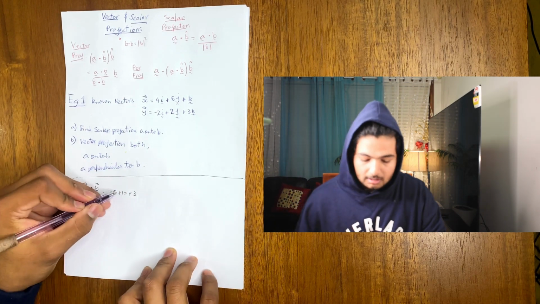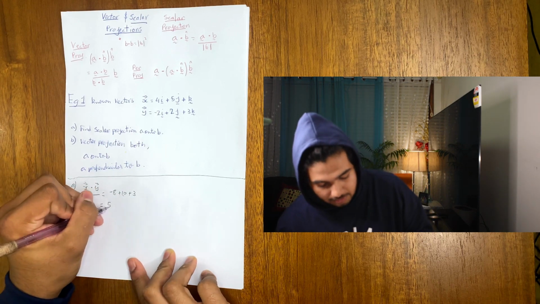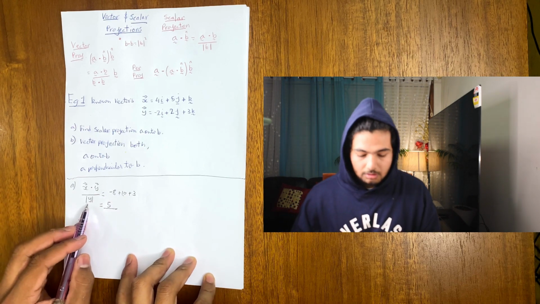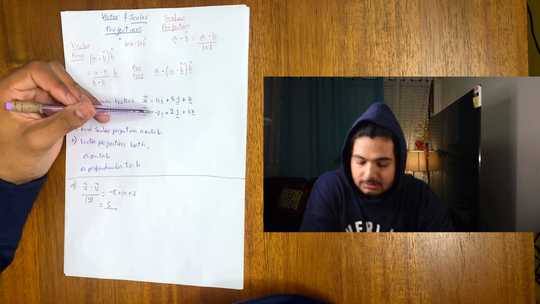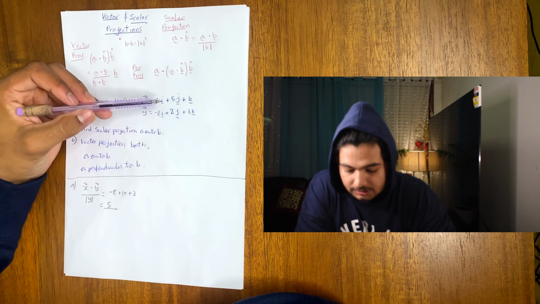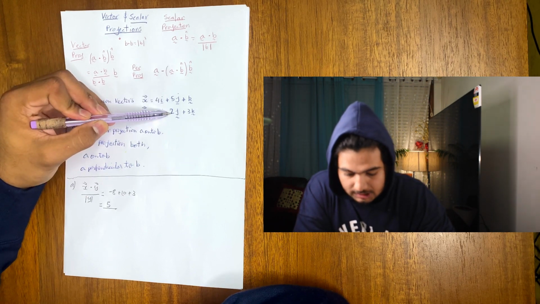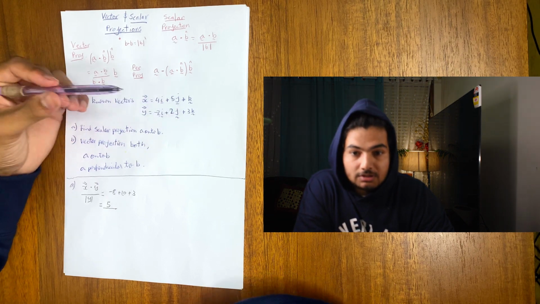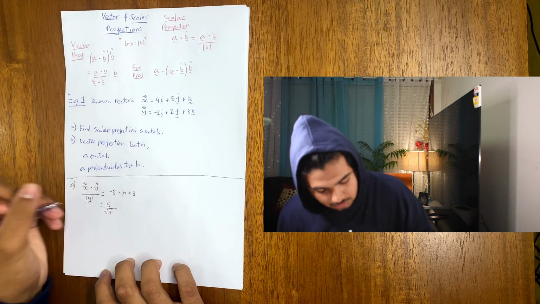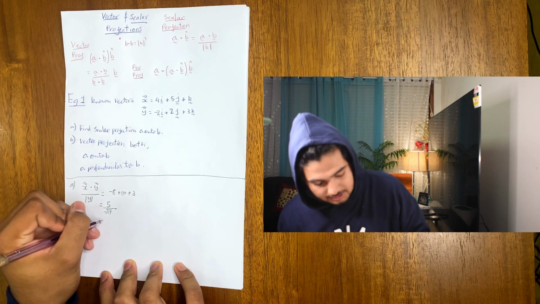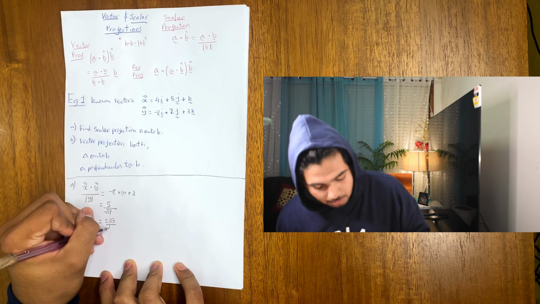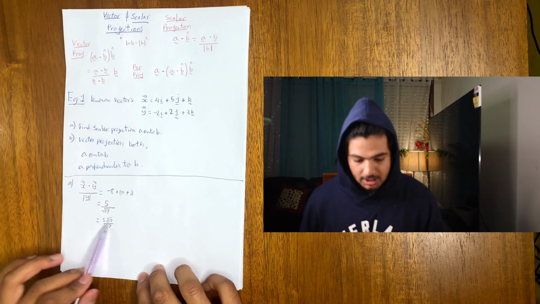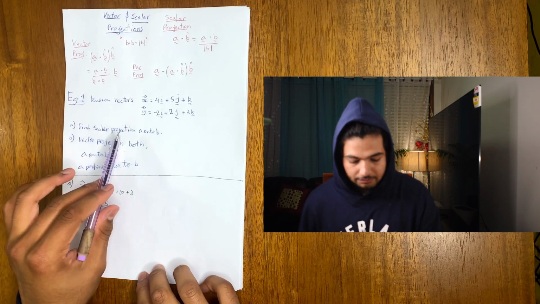We then get negative 8 plus 10 is 2, plus 3 is 5. That's the dot product at the top, all upon the magnitude of y. Magnitude of y is 2 squared is 4, plus 4 is 8, plus 3 squared, which is 9. 8 plus 9 is root 17. So we can further simplify this as 5 root 17 all upon 17. That is the scalar projection of x onto y.